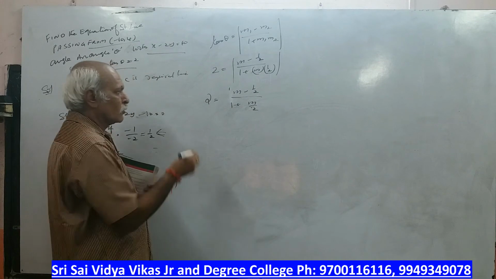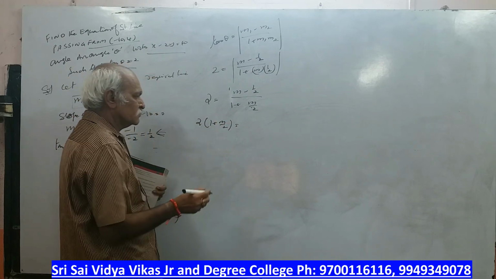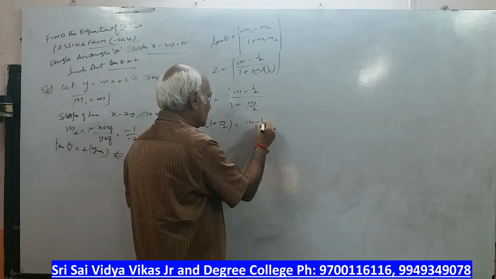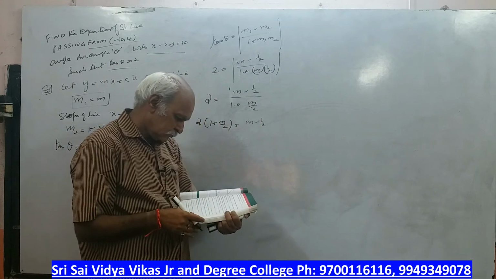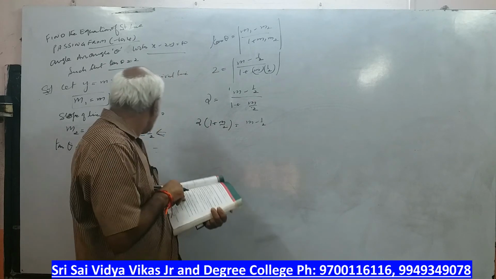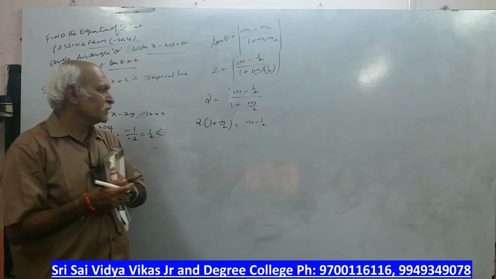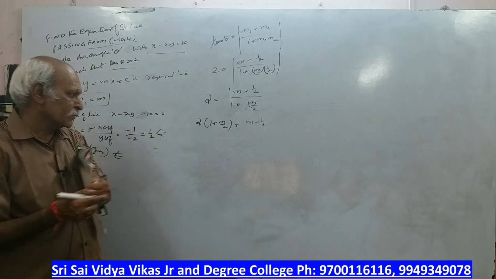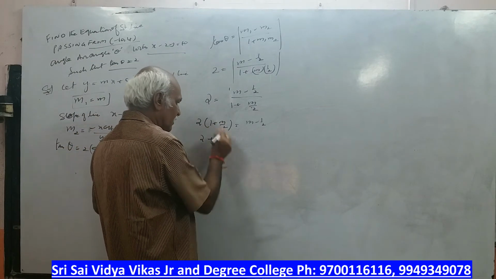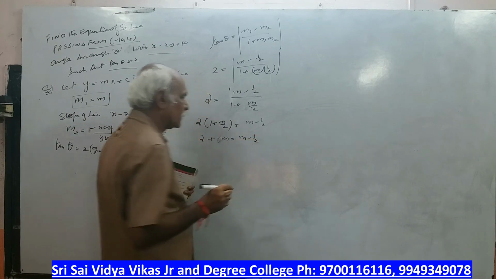Right? Now cross multiplication. So 2 into 1 plus m by 2 is equal to m minus 1 by 2. Observe here, 2 plus m gets cancelled, m is equal to m minus 1 by 2.